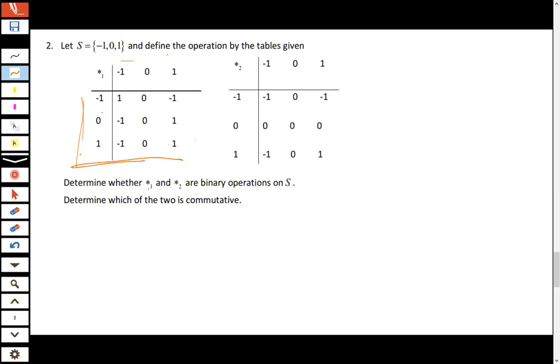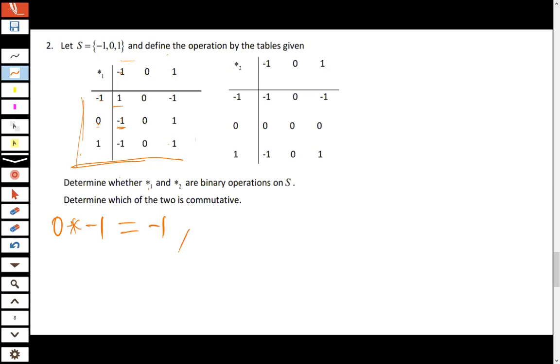When you look at the first one, we have -1 *1, and the answer is 1. Then we have 0 *1, and the answer is simply -1.